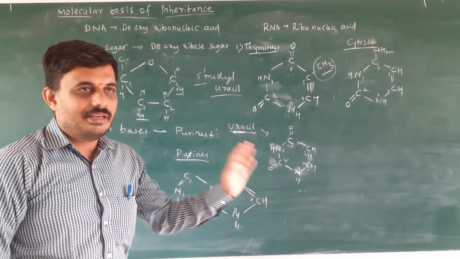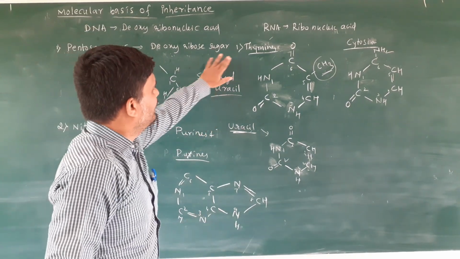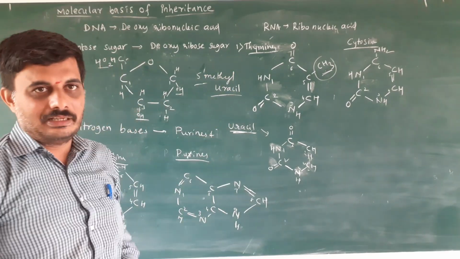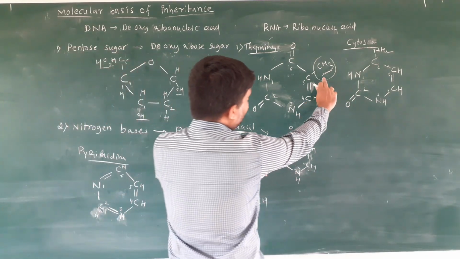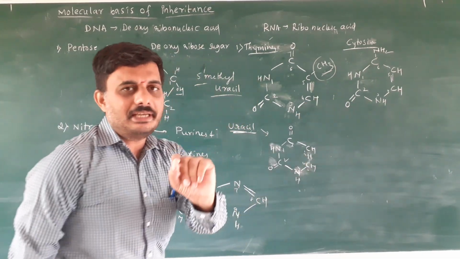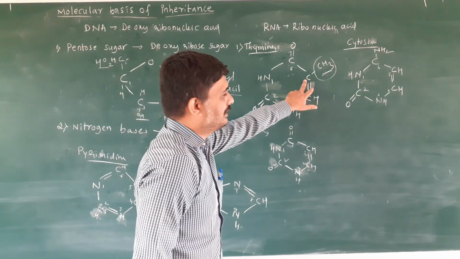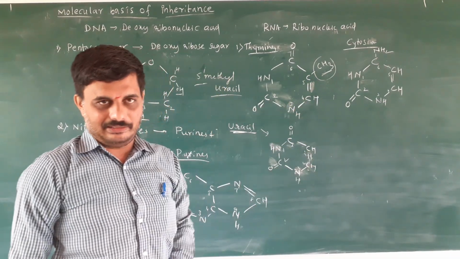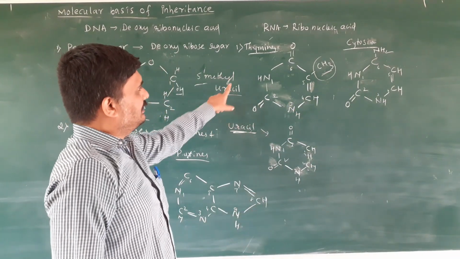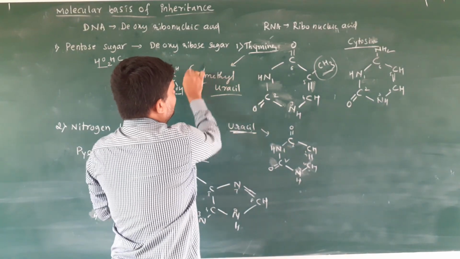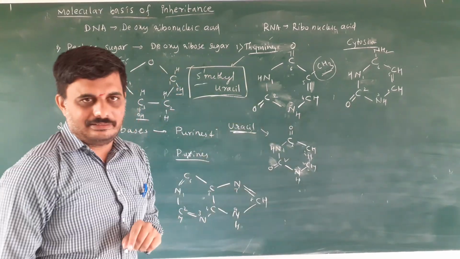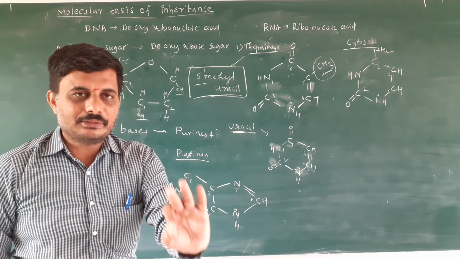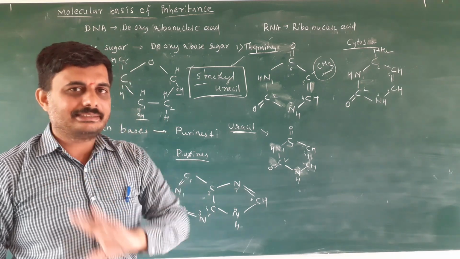The chemical name of thymine is nothing but methyl uracil, because only in the 5th position the methyl group is attached, which is absent in uracil.